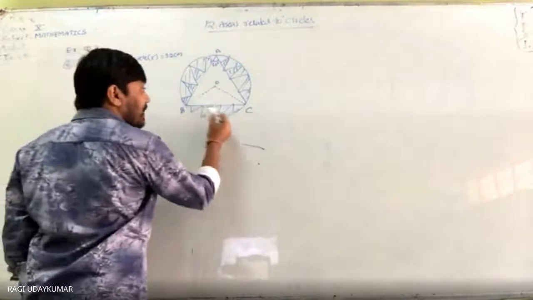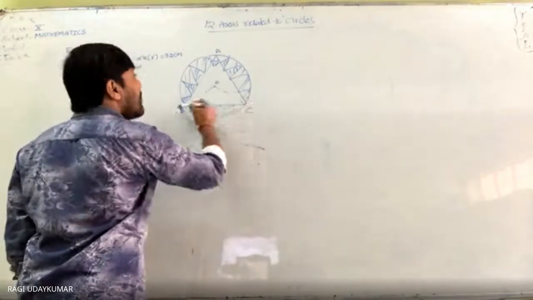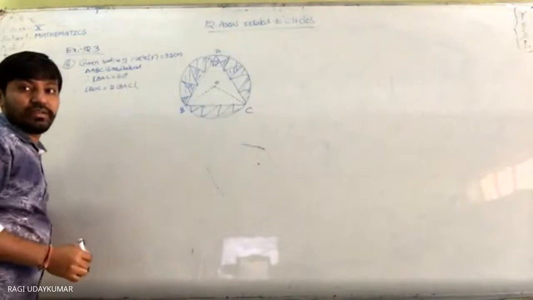Angle made by a chord at the center is double the angle in its alternate segment.